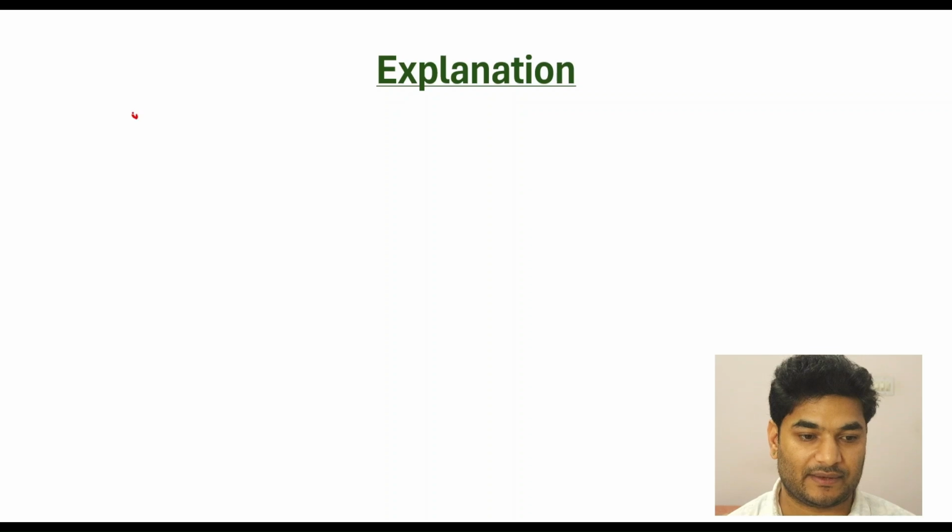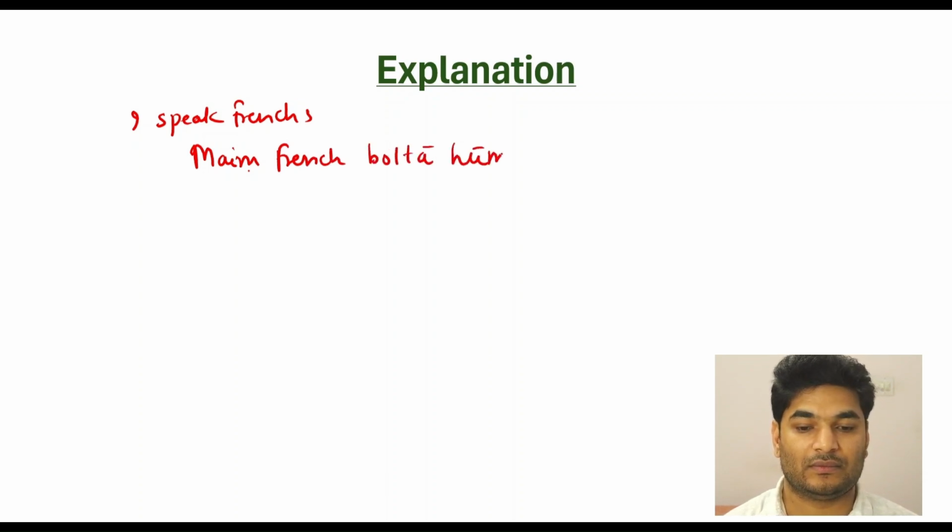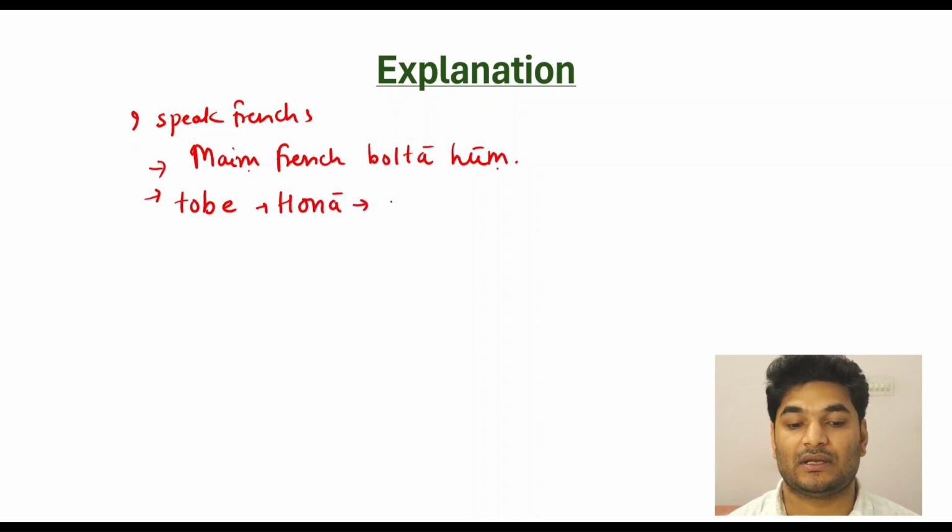Let's make sentences. I speak French will be मैं French बोलता हूँ. Now, होना, the verb to be, होना is its infinitive form, will be used as a helping verb with बोलता.